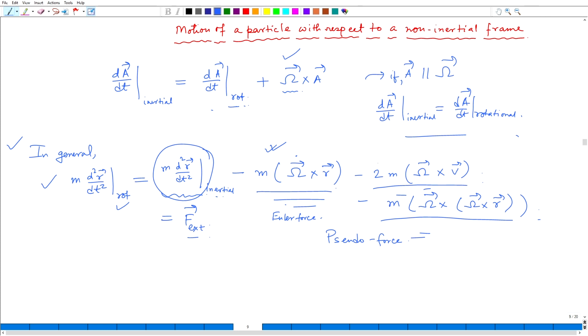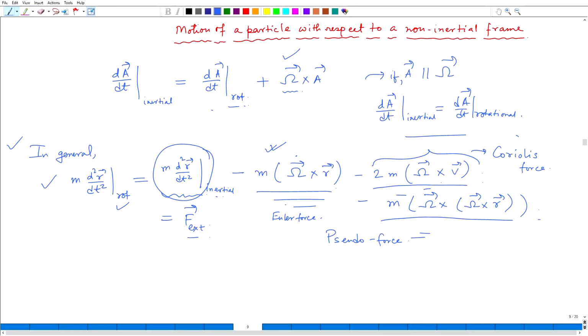Okay. And this term is known as the Coriolis force. As I said, this term is perpendicular to both omega and v, and that is why it is a no-work force. This force is non-zero only when the particle whose dynamics is being studied has a non-zero velocity in the non-inertial frame of reference.